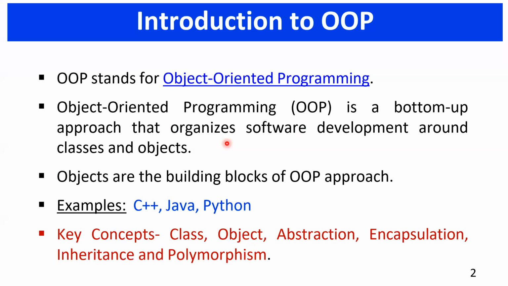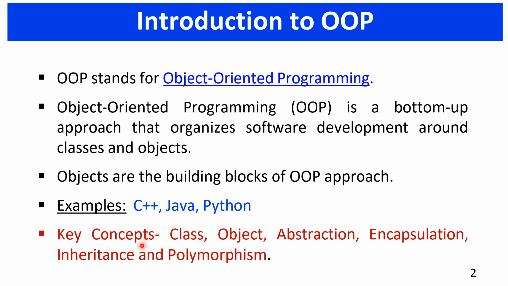Because of the advantages of object-oriented programming, ever since the paradigm was developed, the languages that have evolved later on have started implementing the object-oriented programming feature. In this, objects are the building blocks for developing any software or application. Examples of object-oriented programming languages include C++, Java, and Python.